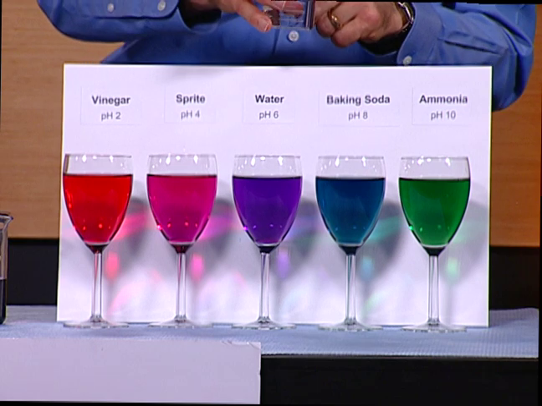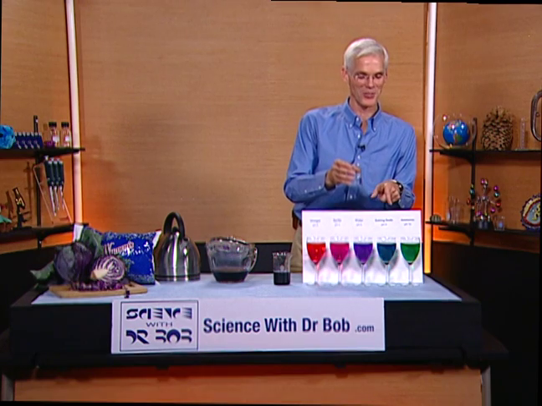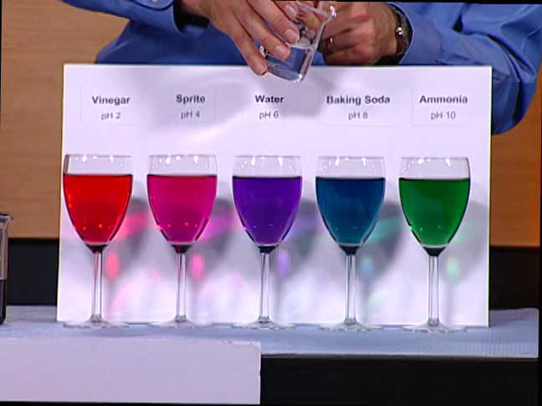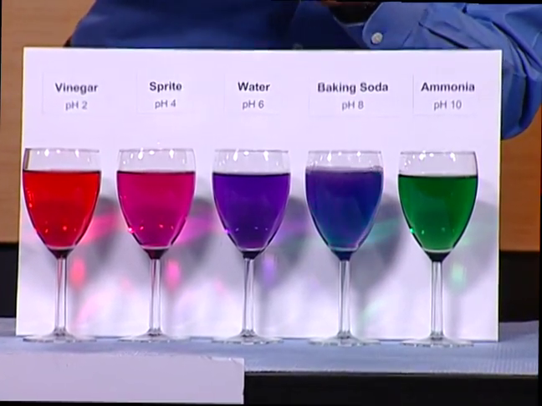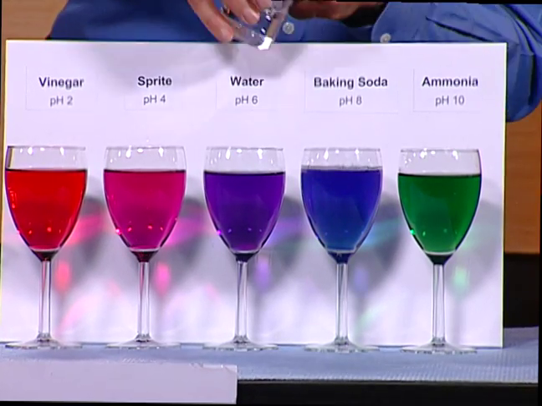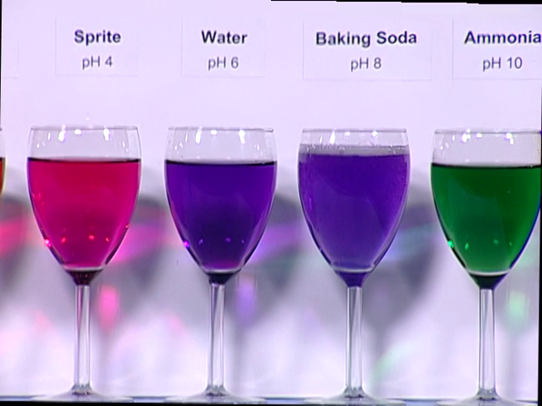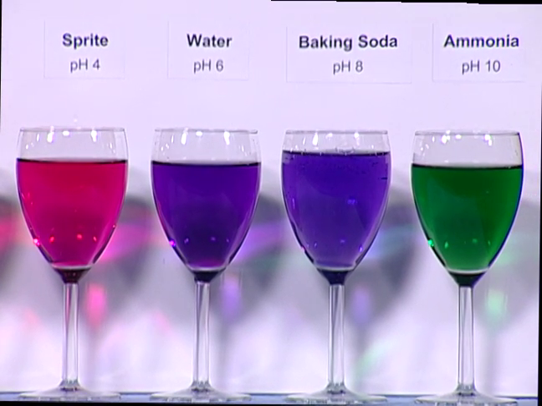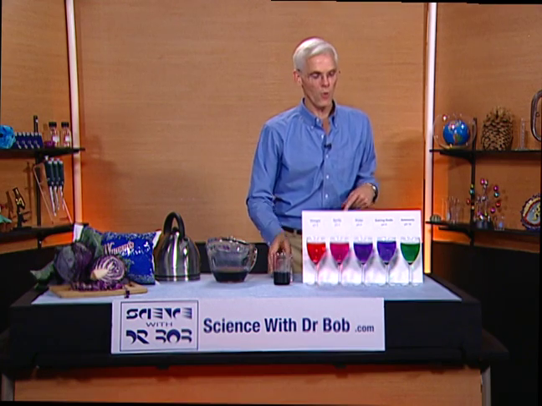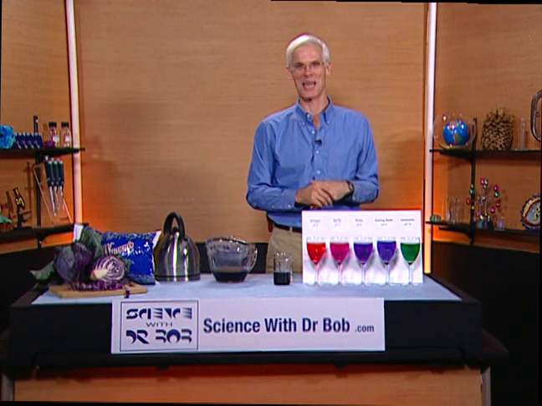Well, you've seen vinegar and baking soda before make carbon dioxide. There's the carbon dioxide. And there's the pH change. We can go right back to the same color as our water by adding more protons to change the color of that purple pH indicator.